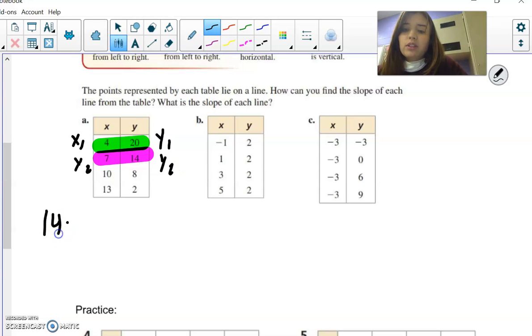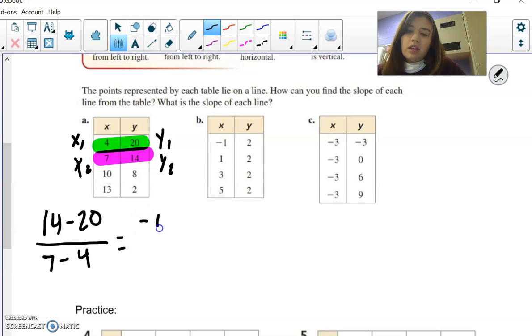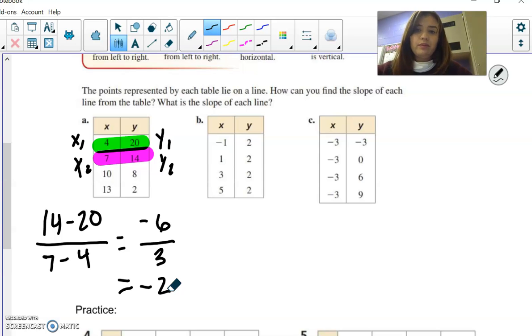We're going to do 14 minus 20 on top, and 7, it's an x, minus 4 on bottom. 14 minus 20 is going to give us a negative 6. 7 minus 4 is going to give us 3. Negative 6 divided by 3 gives us negative 2 as our slope. Okay, and this is a negative, so our graph would be pointing down.